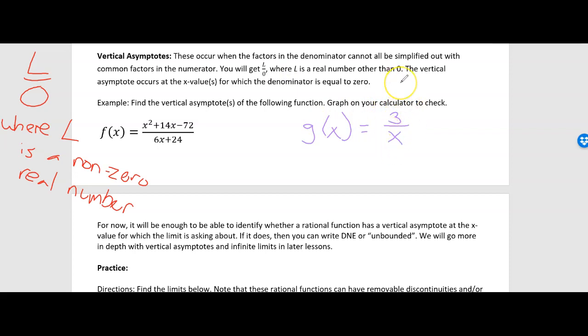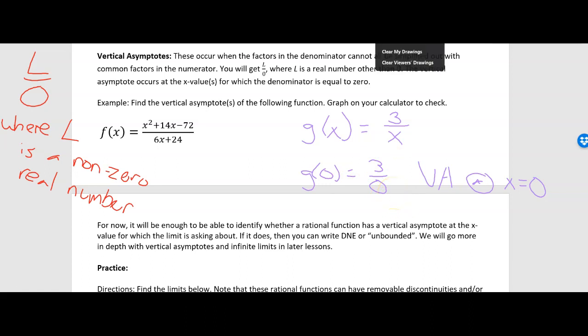There's an x value, namely 0, where I would have 3 over 0. So g of 0 is equal to 3 over 0, which is actually undefined. But we would have a vertical asymptote at x equals 0, because we have a real number in the numerator, 3, that's not 0, and we have 0 in the denominator.